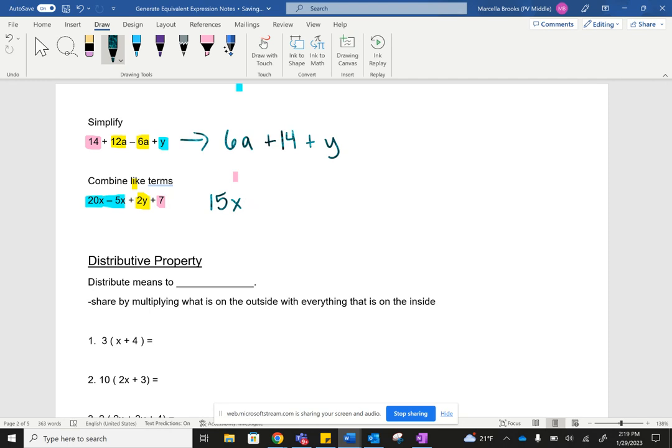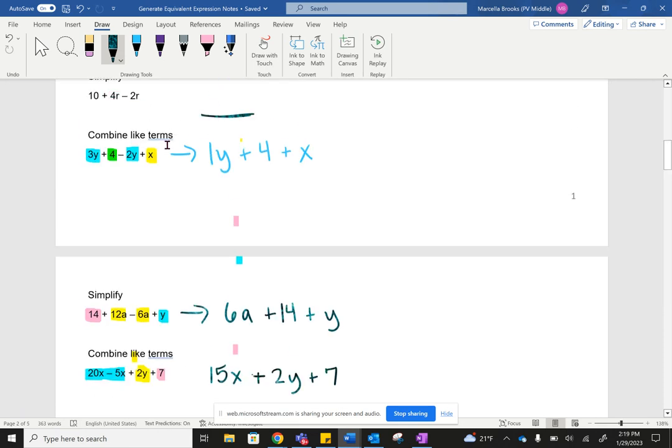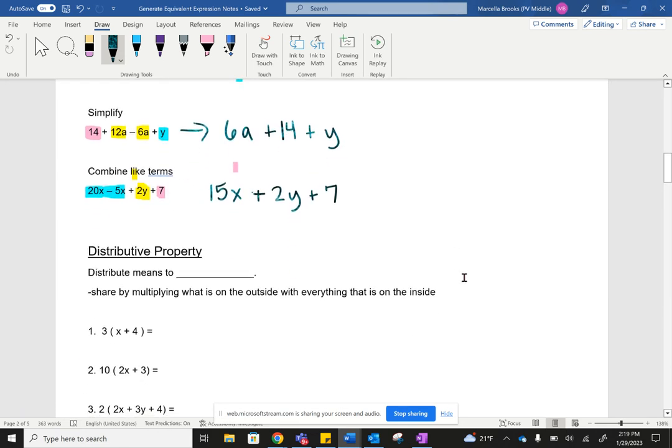And then I have my 2y, can't combine it with anything, and my 7, can't combine it with anything. All right, you guys will have more practice with those.